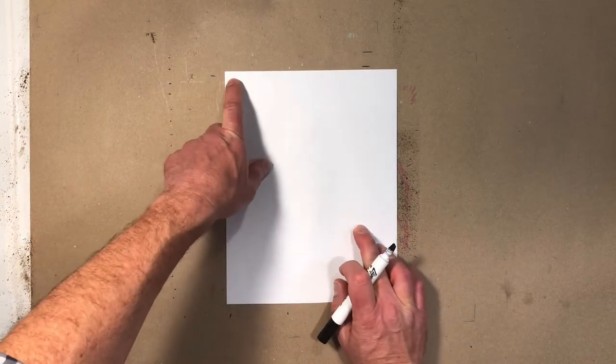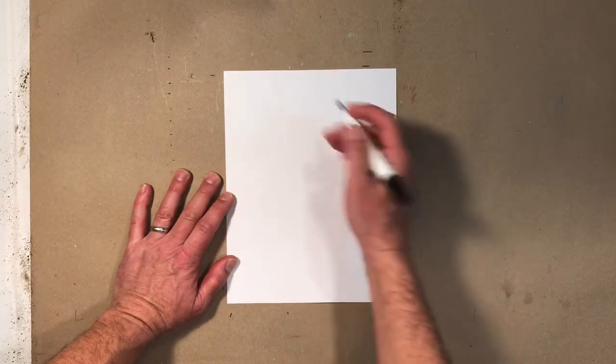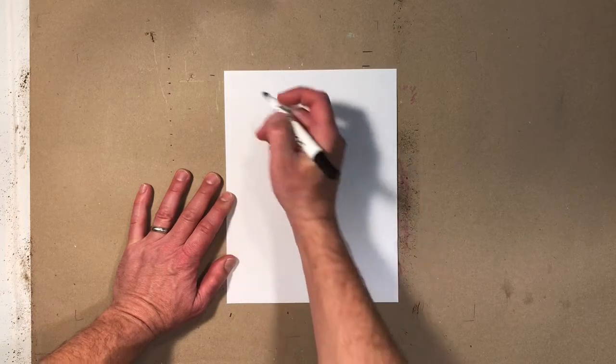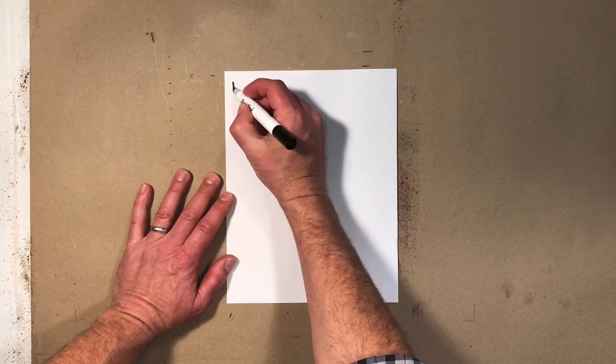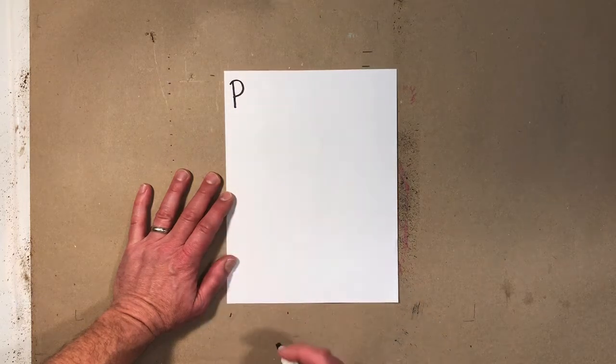So first thing we're going to do is up in one of these corners. I'm going to do it in this corner here. Kind of big, but we've got to leave enough room for the rest of the drawing. We're going to write the word Picasso. So it's a capital P, like that.